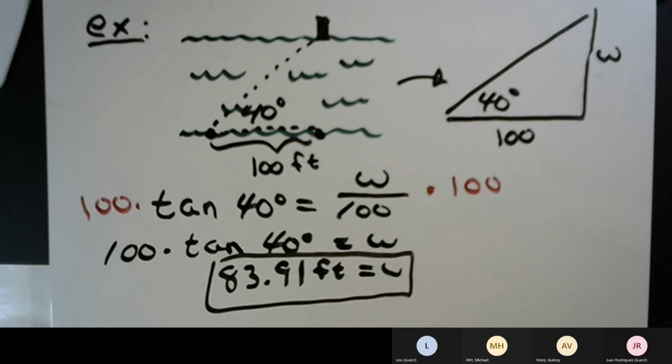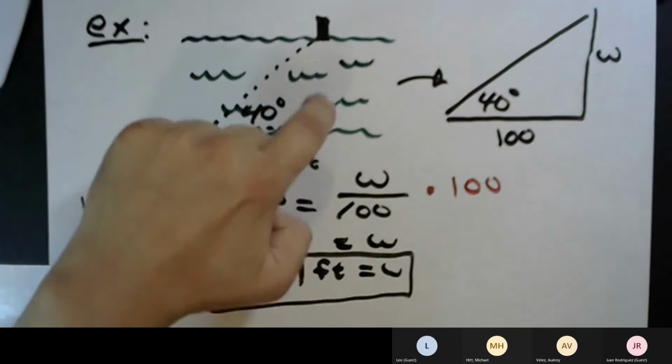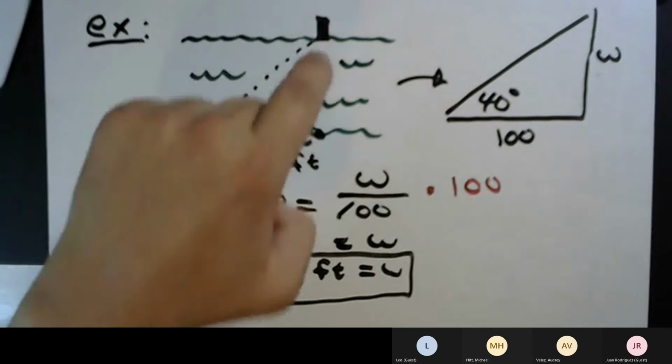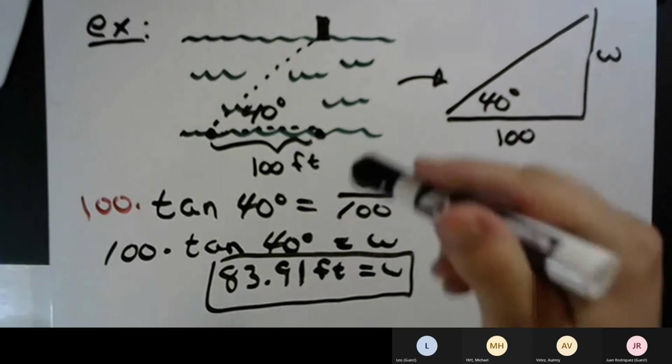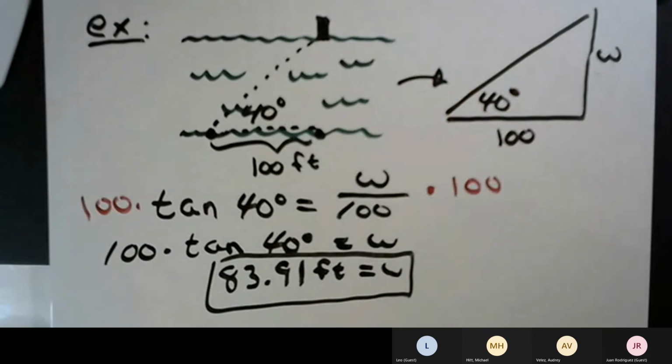So the power of trigonometry, it lets us make this measurement or get some idea of what this distance is without actually measuring it. So if you've got this rushing river here, you can do that, which is kind of a nice thing. Any questions about that?